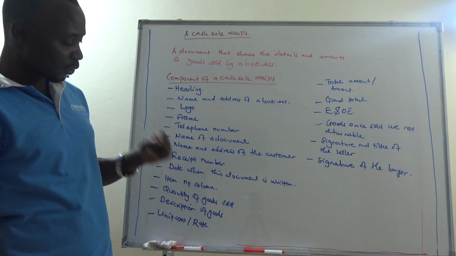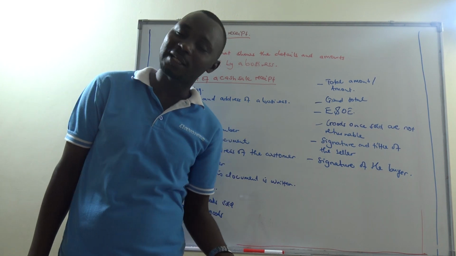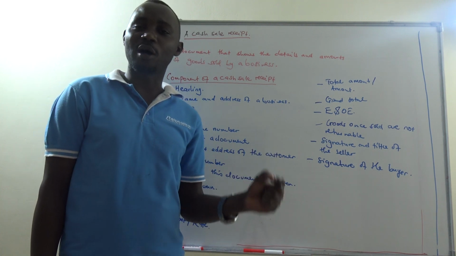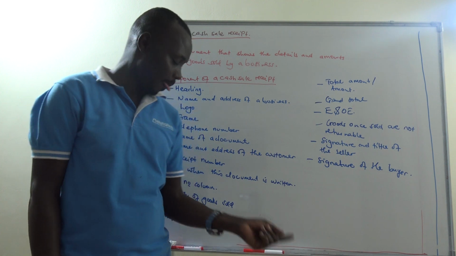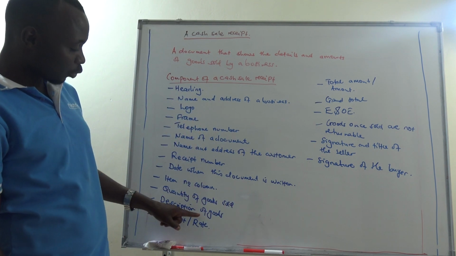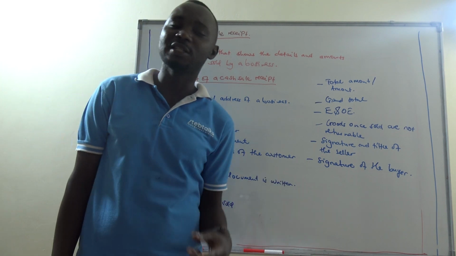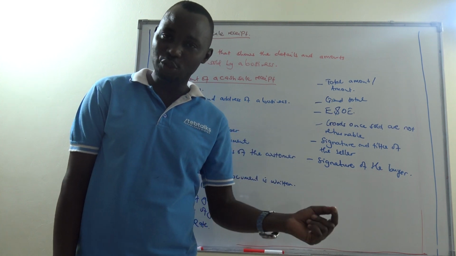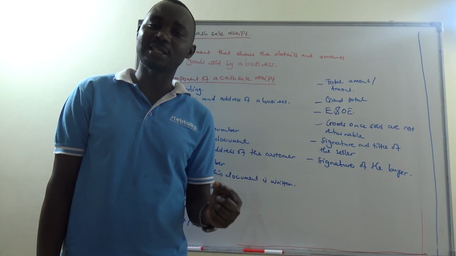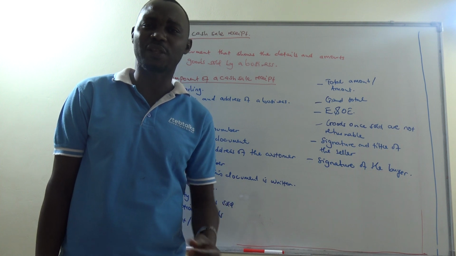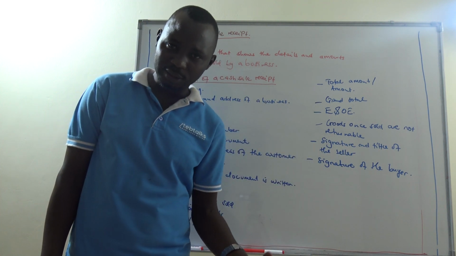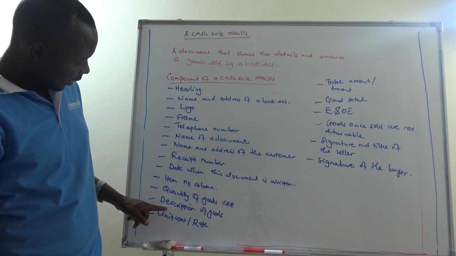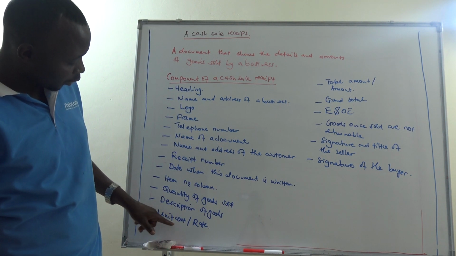Then quantity of goods sold. How much quantity did he buy? If item number 1 was a cupboard or was a bench, how many benches? The quantity. Description is a bench. If the quantity is 2, that is 2 benches. So the benches is trying to bring out the description, the details of what the other person took. Then the unit cost.